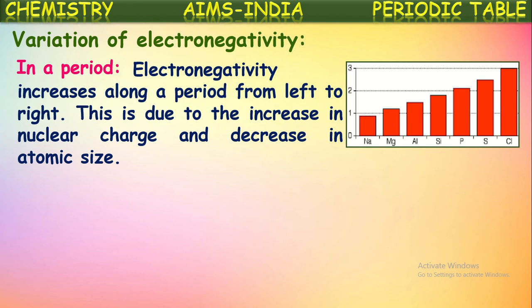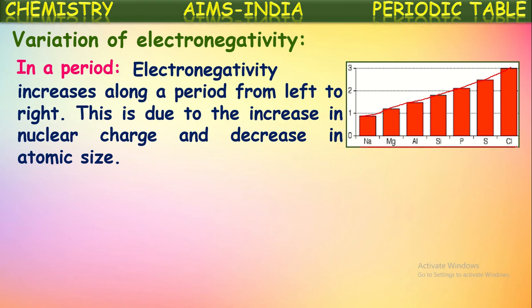As atomic size decreases, the tendency of attracting a pair of electrons increases, hence electronegativity increases. That's why, if you observe here, third period elements are mentioned from sodium to chlorine. Gradually electronegativity increased. Why? Because the size of these atoms slowly decreases from sodium to chlorine.